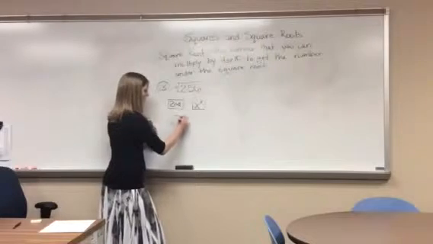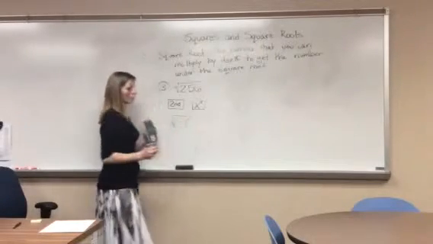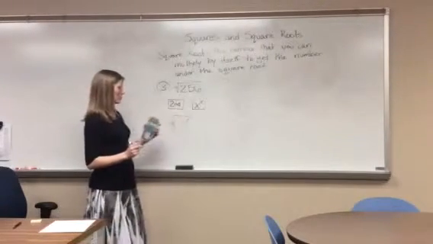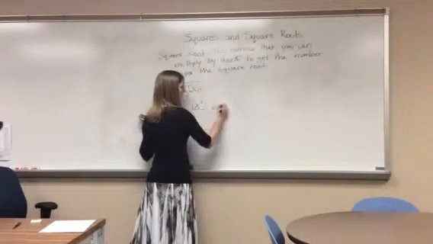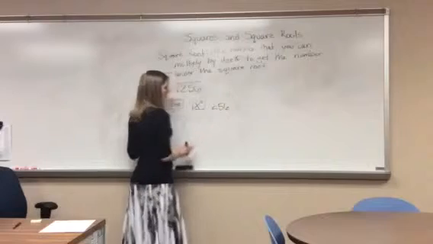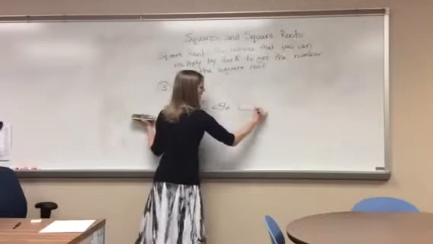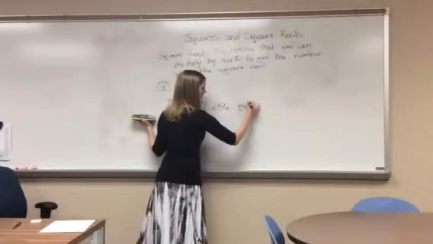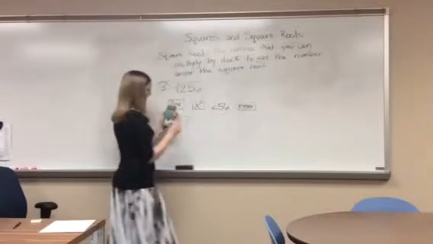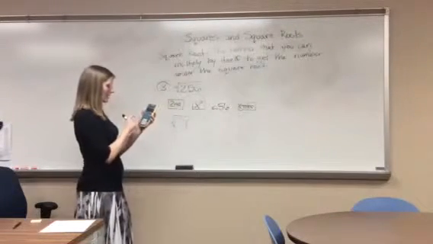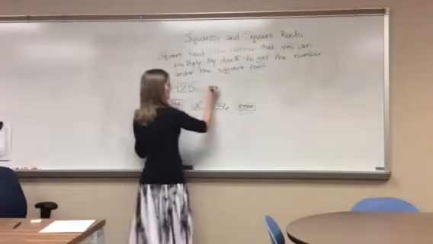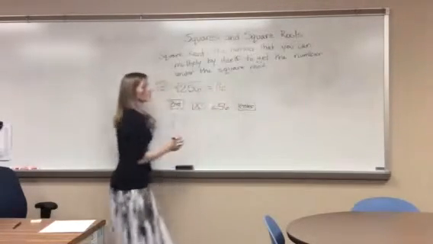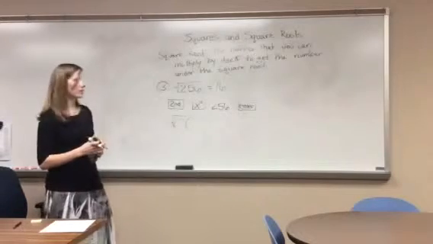You should get this symbol in your calculator, a square root symbol with a parentheses. Once you get that, type in your number. So in this case, it would be 256. And then you would hit enter. So if I type that in, I hit second, X to the second, 256, and then enter, you should get that the answer is 16. So that's the square root of 256.